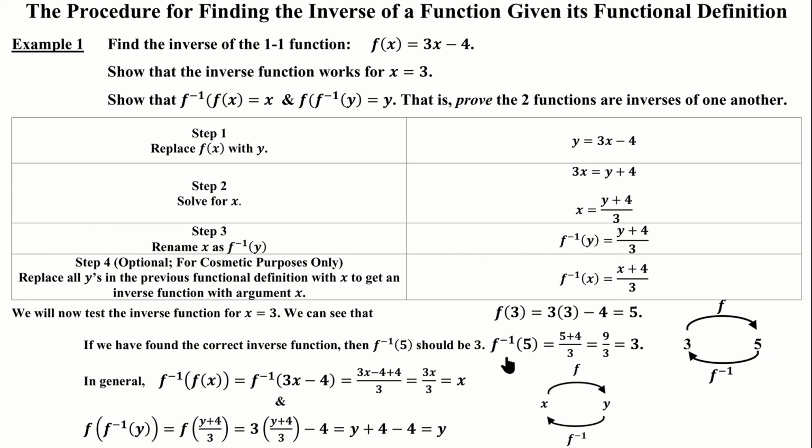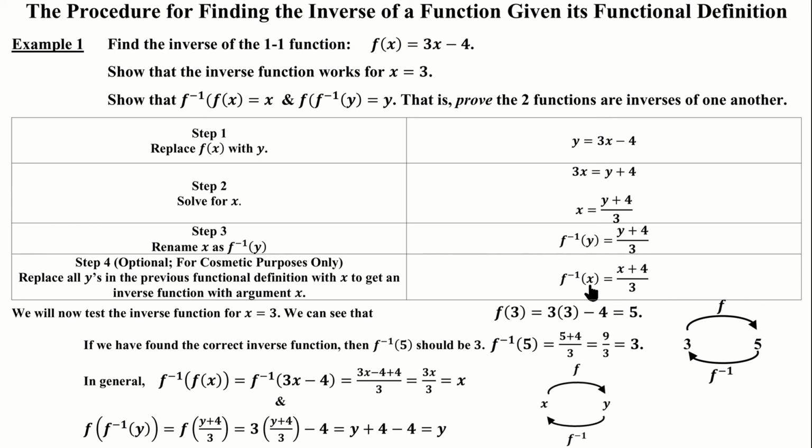So let's test it. Here is the definition of f inverse of x. We're going to evaluate it for 5. Notice, what does f inverse do? What is the action of f inverse? You feed it an input, it adds 4 to it, and then it divides by 3. So what is f inverse going to do to 5? Well, it's going to do what it always does. It's going to add 4 to it, and it's going to divide by 3.